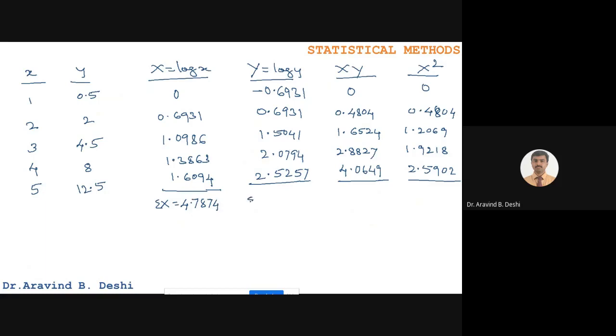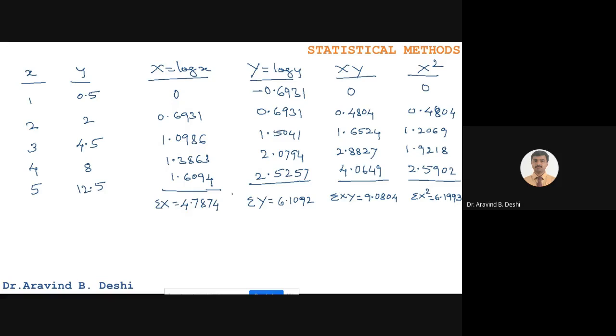Next summation of capital Y is 6.1092. Next summation of capital XY is 9.0804. Next summation of capital X square is 6.1993.